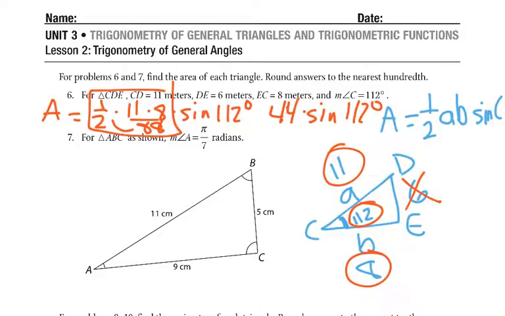Then I get out my calculator, and I go 44 times the sine 112 degrees. And that gives me about 40.79.